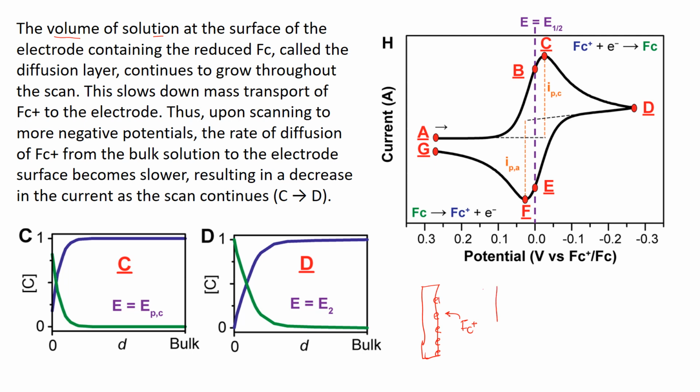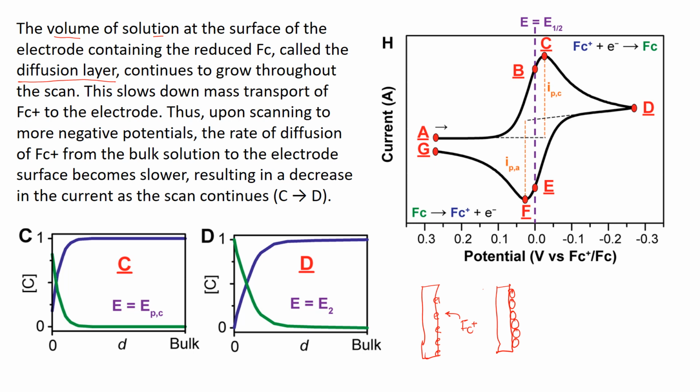So after reducing to Fc, here you will have Fc atoms, sorry, attached to the electrode. Now this is called the diffusion layer.